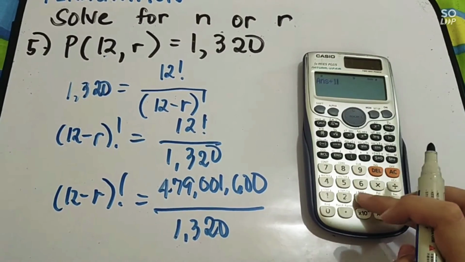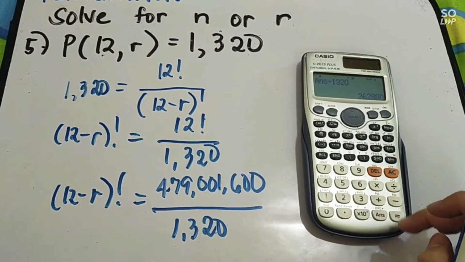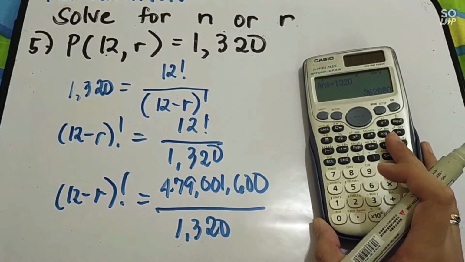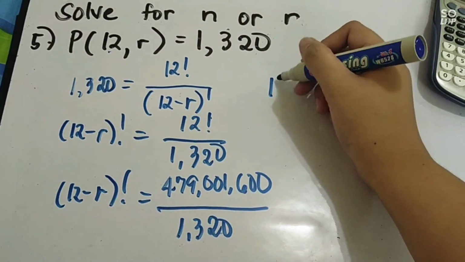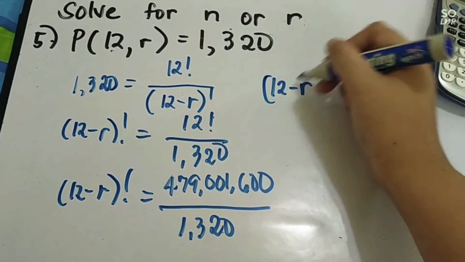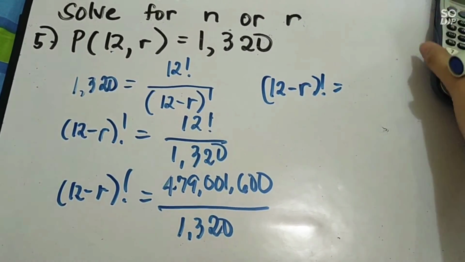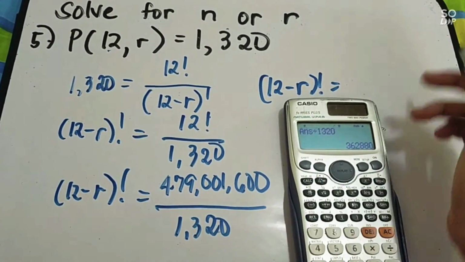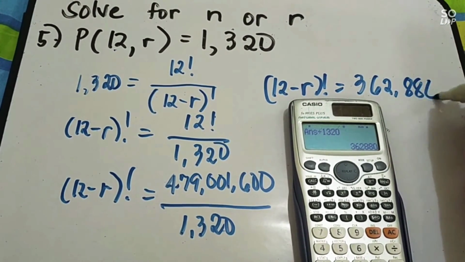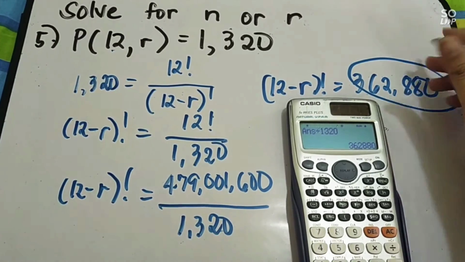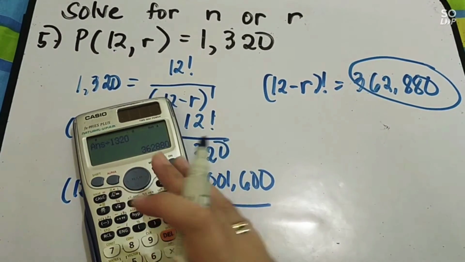So, the answer is 362,880. So, we have 12 minus R factorial is equal to 362,880. Yan. And then, now, let us try.